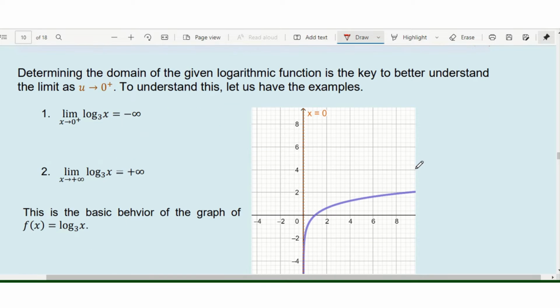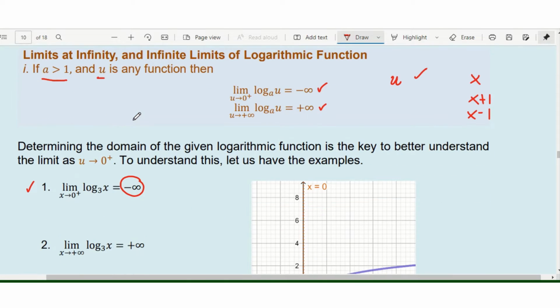To understand that, let's have number 1 problem. The limit of logarithm of x to the base 3 as x approaches 0 from the right is negative infinity. Well, basically, that is being suggested by the rule also, when x becomes 0.